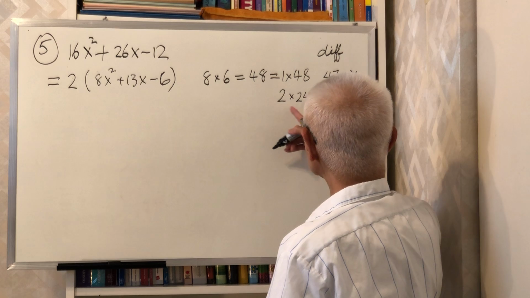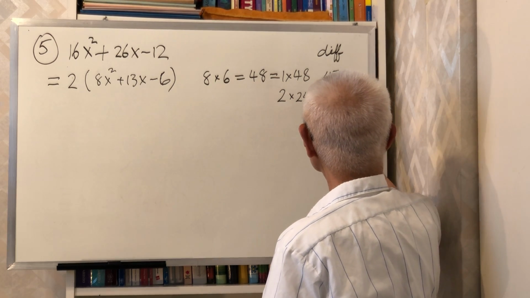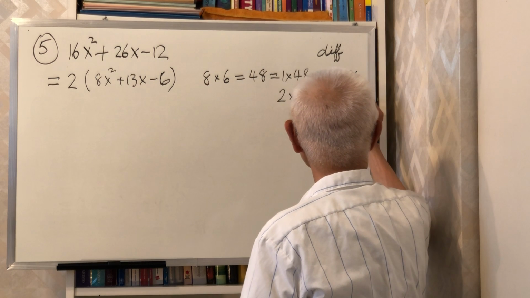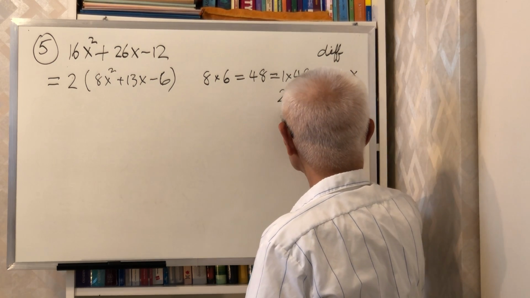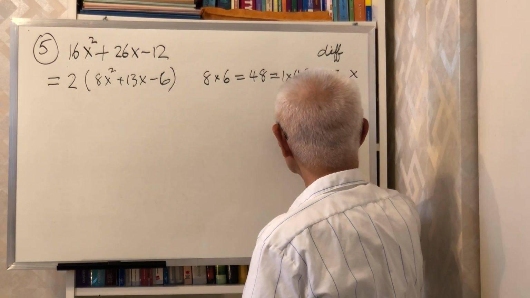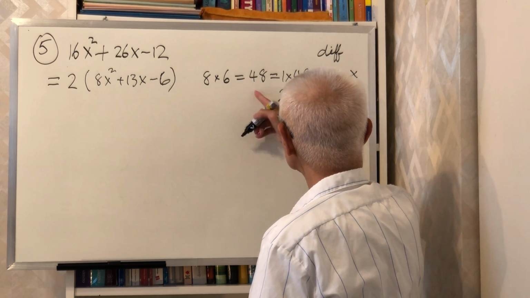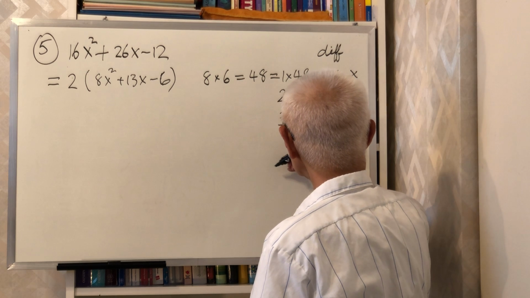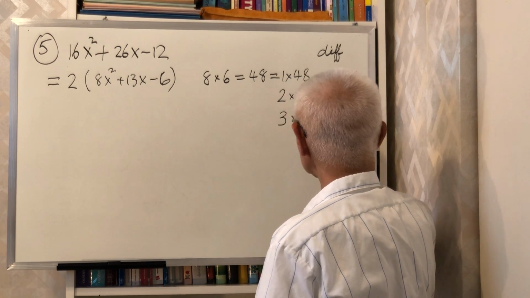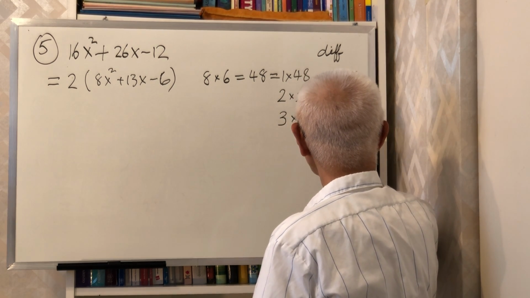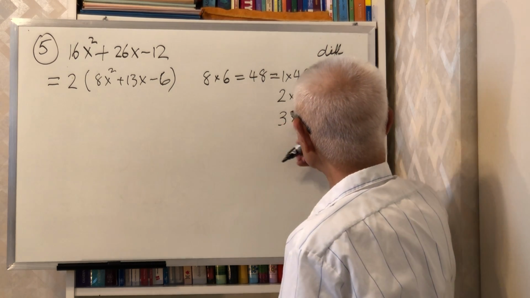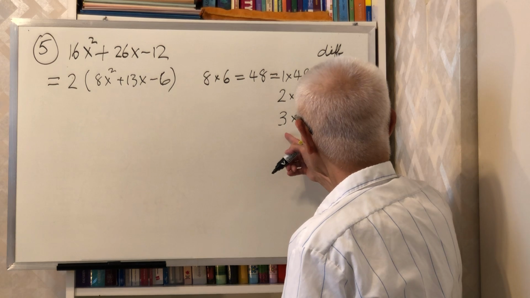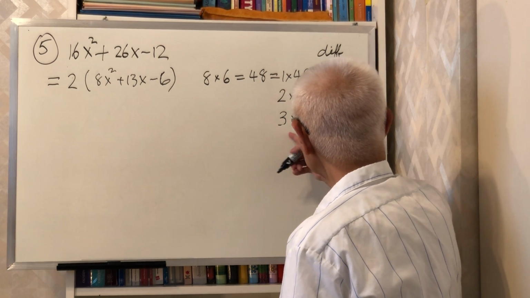The difference of 2 and 24 is 20. This is not 20. How about 3 times 16? What is the difference? It's 13. This is the right result.